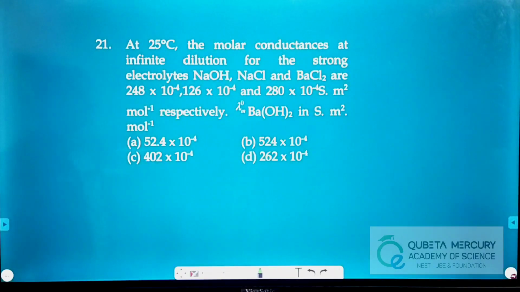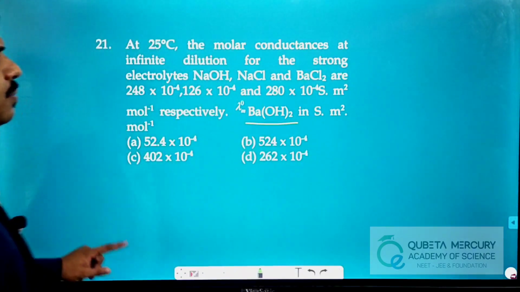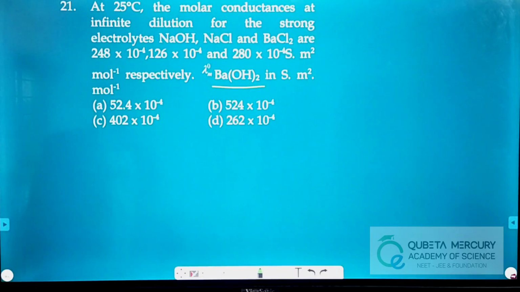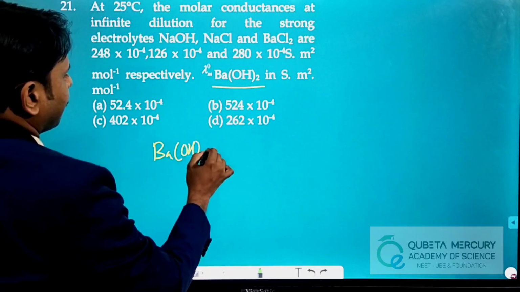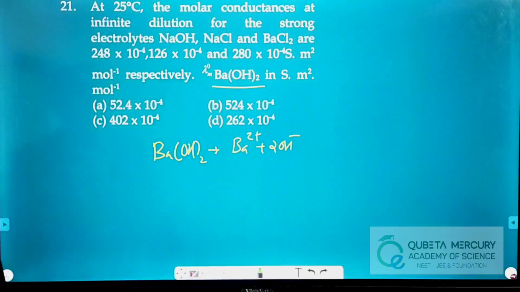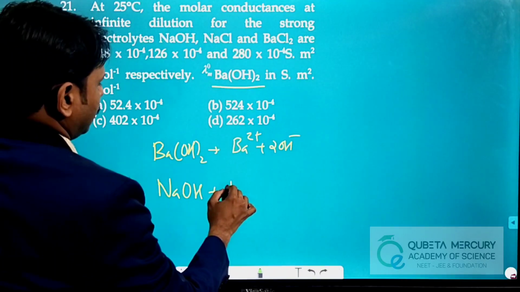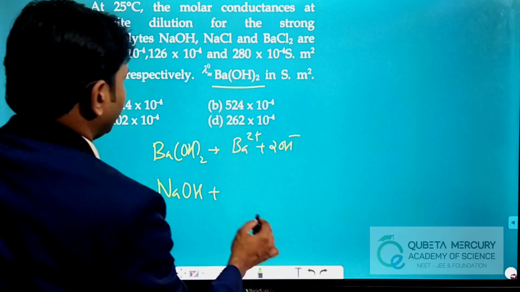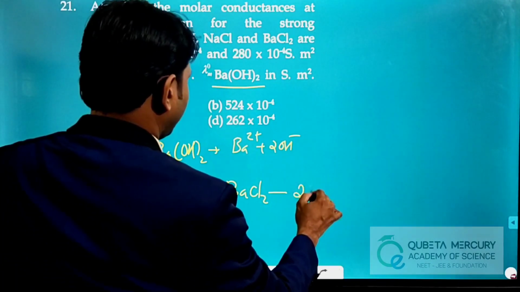At 25 degrees Celsius, the molar conductances at infinite dilution for the strong electrolytes are given. And what will be the molar conductance of the weak electrolyte barium hydroxide? This is a direct application of Kohlrausch's law. It can be simply written, right? Barium hydroxide contains barium 2 plus and 2 OH minus. Do this: NaOH plus BaCl2 minus NaCl.